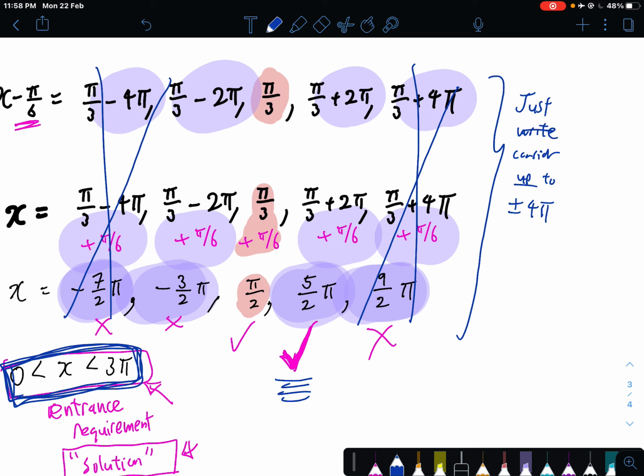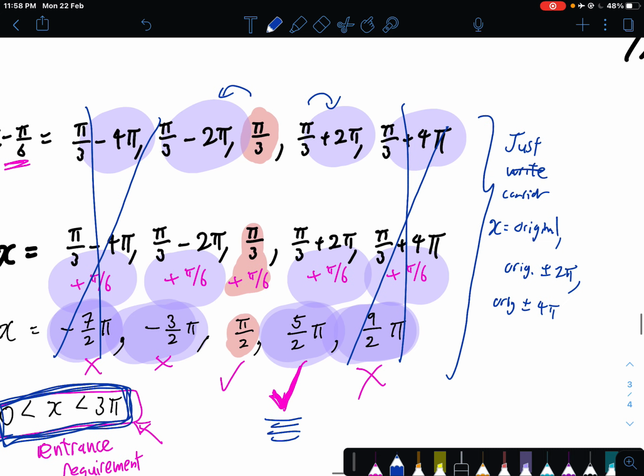It means you consider the original angle, then original plus minus 2 pi, so you get 2 other solutions, and original plus minus 4 pi, another 2 answers.